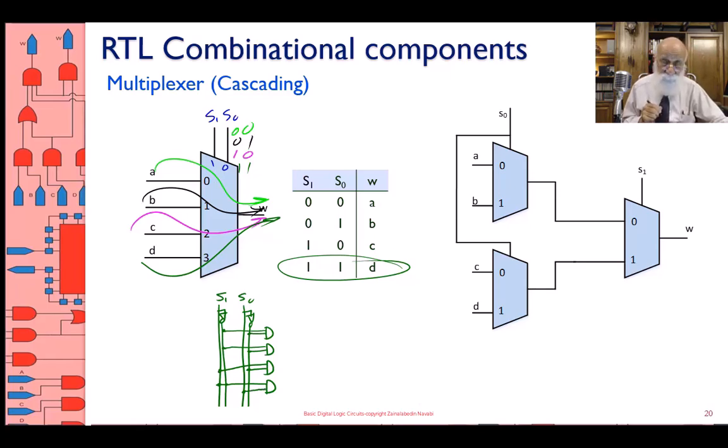And then I OR them together, but instead of ORing, I NAND them together, because these are going to be NAND gates, and then this is going to be a NAND.